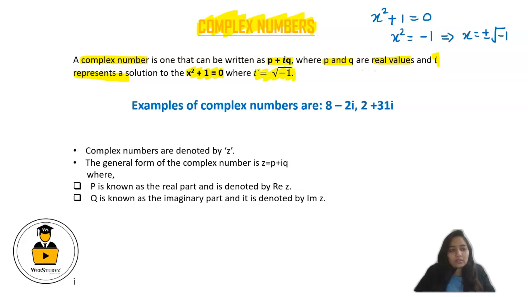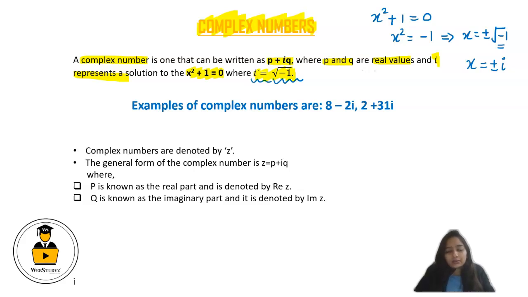This is not defined. So we define it with the help of iota, that is the imaginary number. We take this under root minus 1 value as iota, so the answer is x equal to plus minus iota. So this is known as an imaginary number.